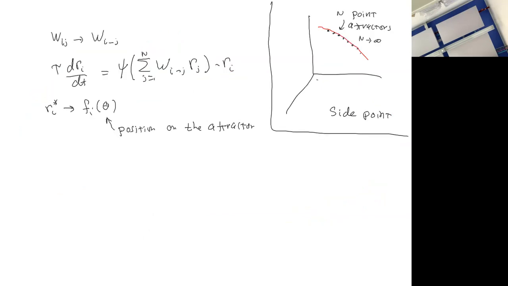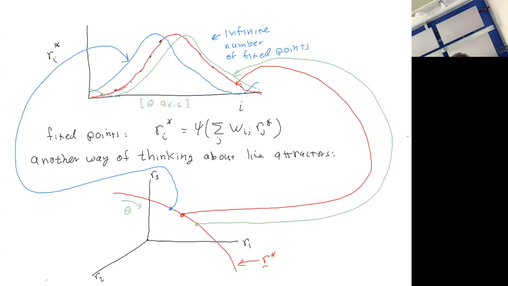Okay. And if you have a network where you've perfectly tuned the weights and there's no noise in the system, this is what happens, right? You get nice fixed points, and the fixed point really just means that if you start over here, you'll go toward the attractor, maybe at some angle, but you'll always end up on the attractor.